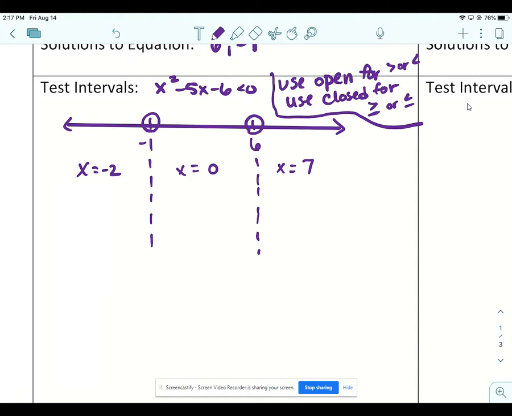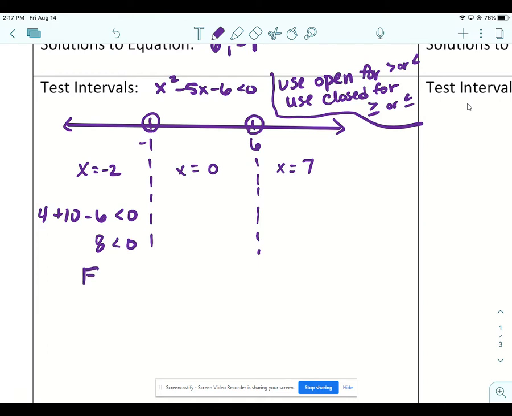Okay. So I'm going to plug all those into that inequality and see if I get a true statement or a false statement. So when I put in -2, -2 squared is 4. And then -5 times -2 is 10. And then -6 is less than 0. Okay, so we end up with 14 minus 6, 8 is less than 0, which is not true.